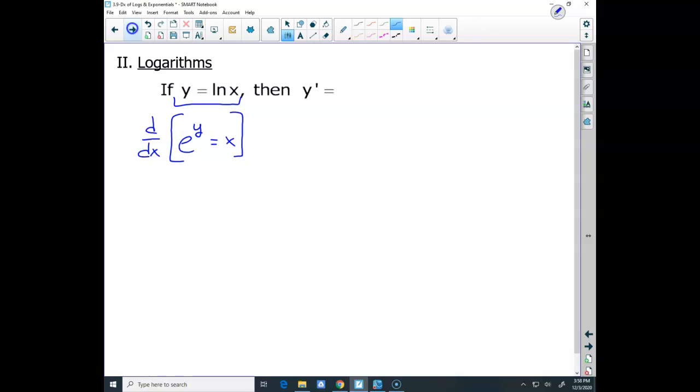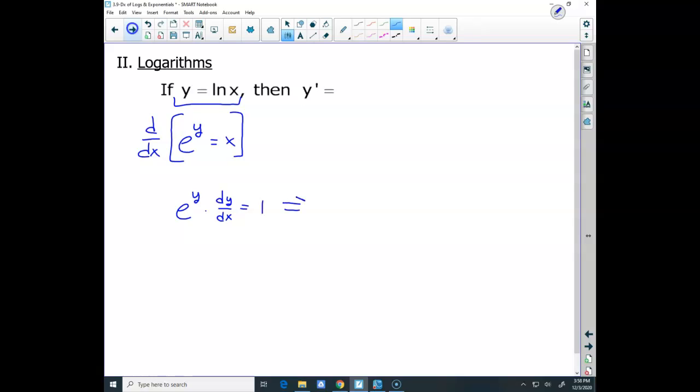Okay? It's just going to be in terms of y. The derivative of e to the y is e to the y times, I don't have to ln the e because that's going to turn to 1, but I do need dy dx because I need to take the derivative of the exponent, and the derivative of x with respect to x is 1.